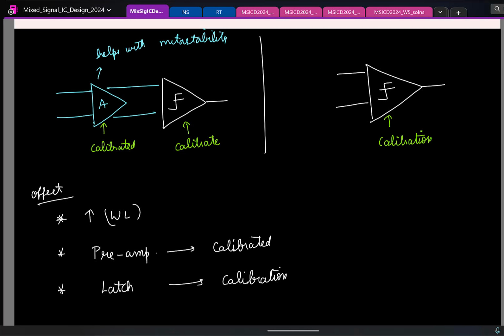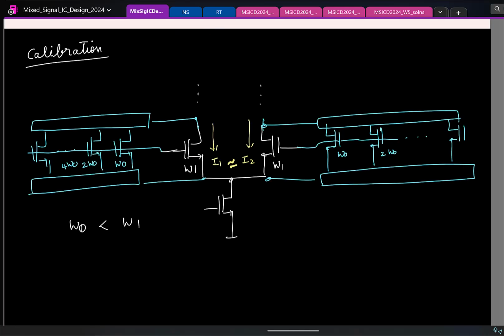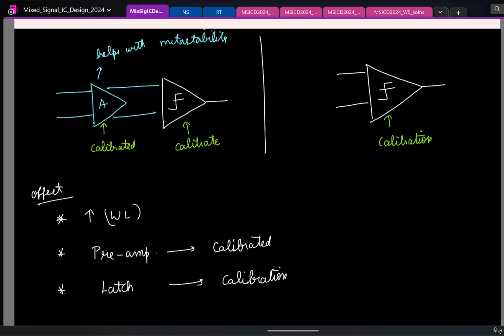This is a nice idea. I just want to mention this. We know that if my comparator has an offset, instead of comparing Vi with 0, I am comparing Vi minus Vos with 0. Now remember, in our flash ADC, we are trying to compare my input with a bunch of reference voltages.